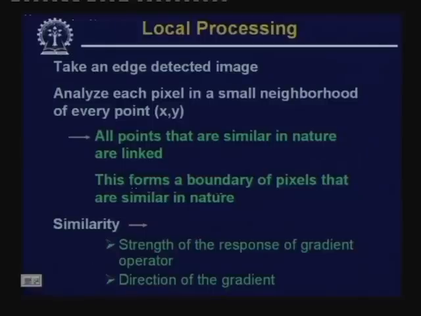Whenever we find that within the neighborhood we have two edge points which are similar in nature, we link these edge points, and after linking all such edge points we get a boundary of pixels that are similar in nature. So, basically what we get is a well defined boundary of a particular segment. When we say that we have to link the edge points which are similar in nature, we have to have some similarity measure.